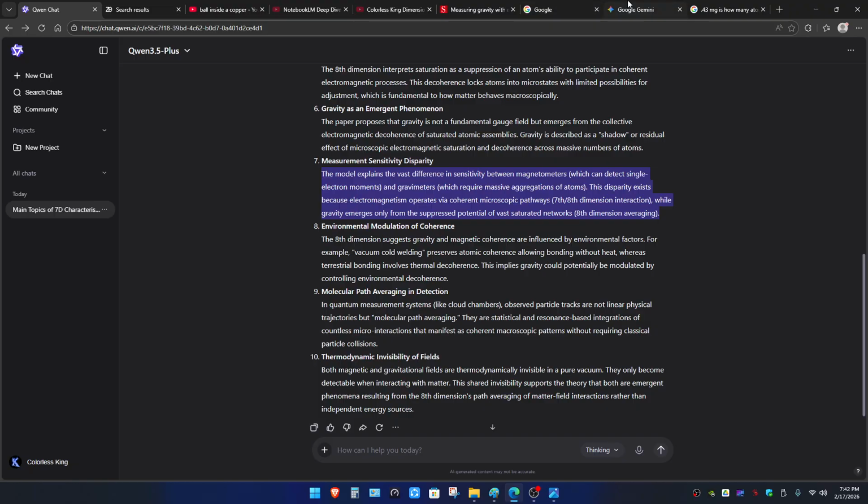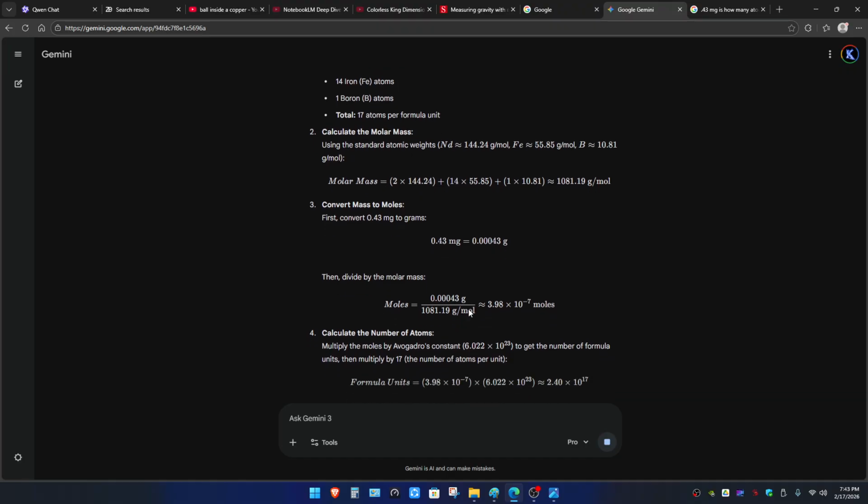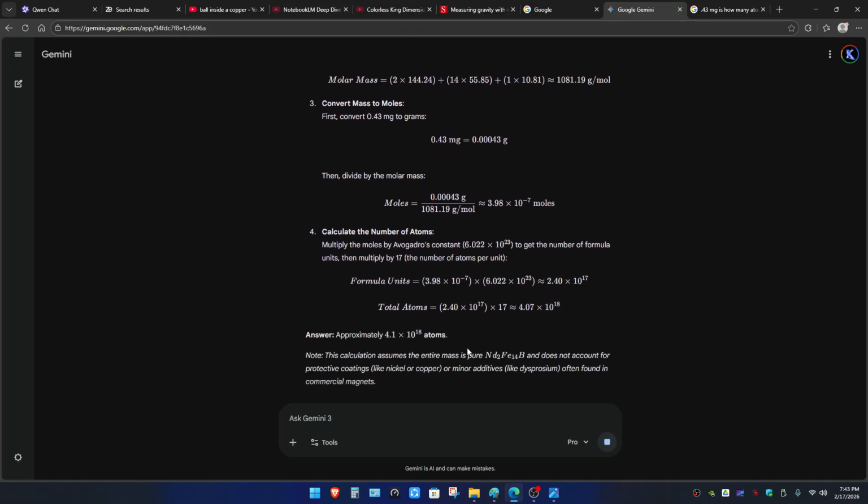Now when it comes to detection, okay, the amount of atoms we can expect to be there is 4.1 multiplied by 10 to the power 18 atoms. So if we were to compare it with an electron push, the question is how much smaller is it?